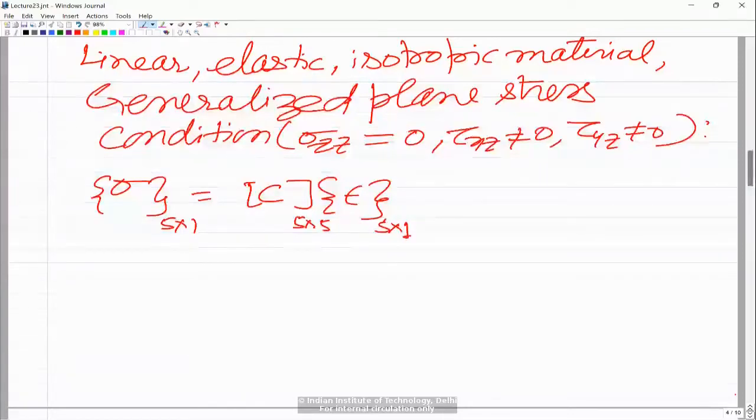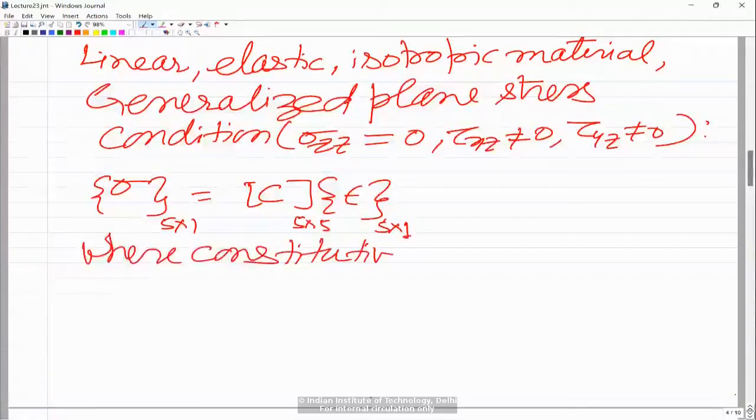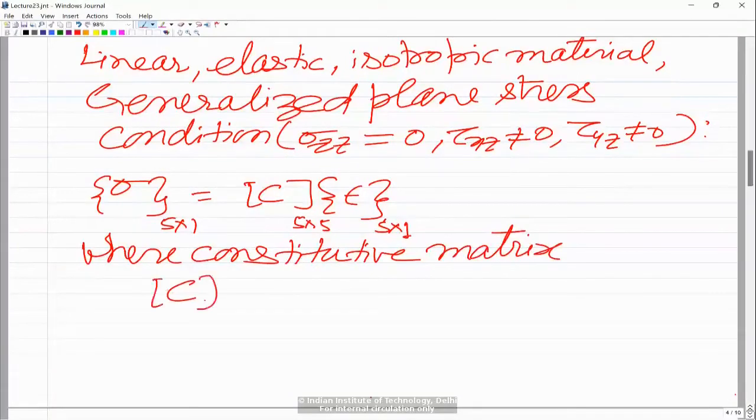If you look at the constitutive matrix, that is C. C is similar to what we had for the plane stress case, so the procedure to derive is similar. I am not writing the intermediate steps.